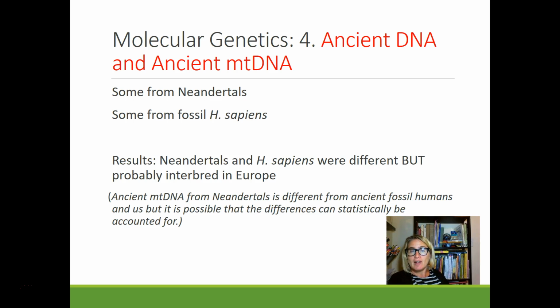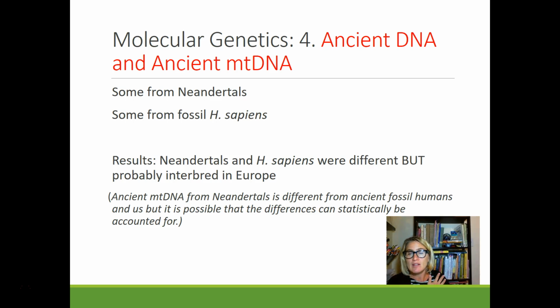Finally, we're going to look at ancient DNA and ancient mitochondrial DNA. So far that genetic evidence has only come from living humans. Ancient DNA and ancient mitochondrial DNA is taken from fossil remains of anatomically modern Homo sapiens and some from Neanderthals.